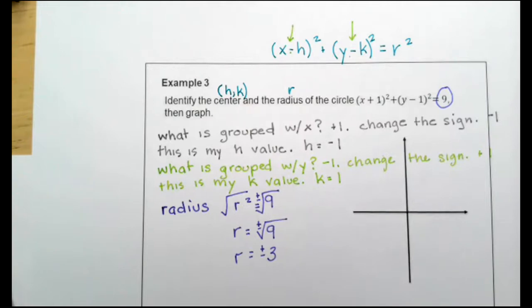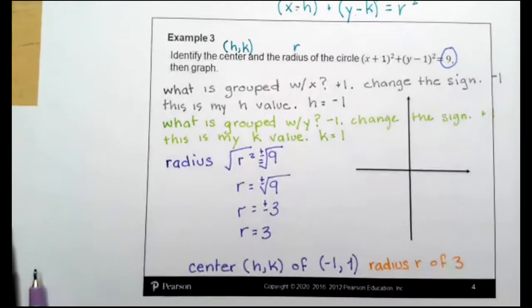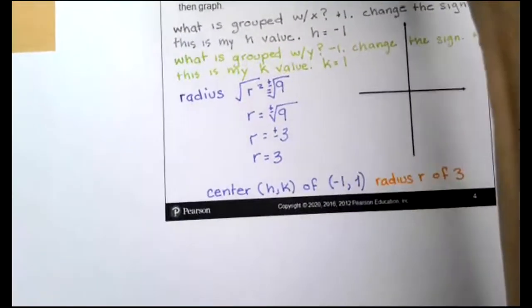And a distance can never be negative. So we just say 3. We ignore the negative. Distance is always positive. So this circle has a center of (-1, 1) and a radius of 3.